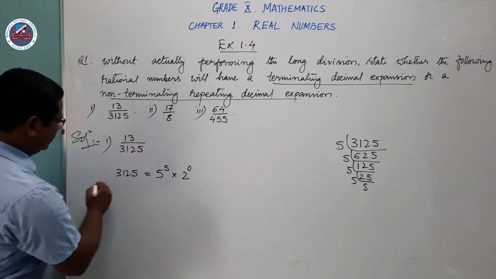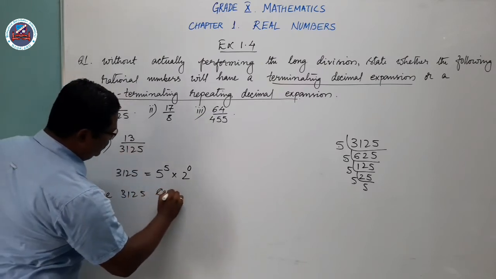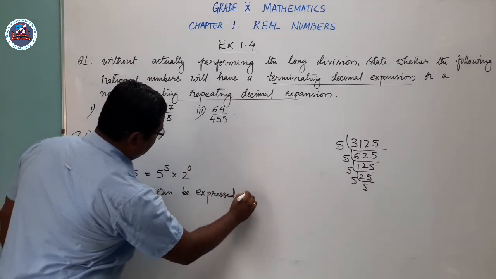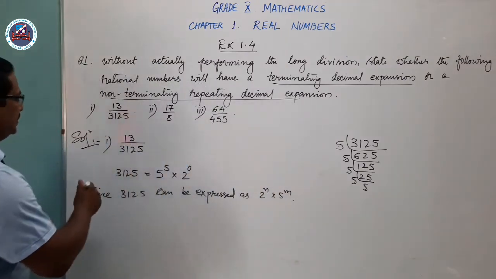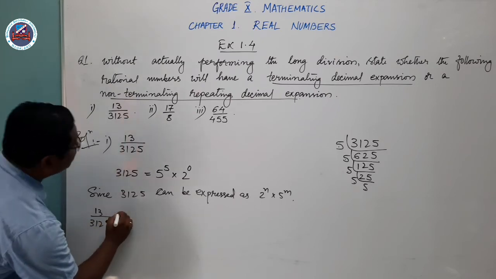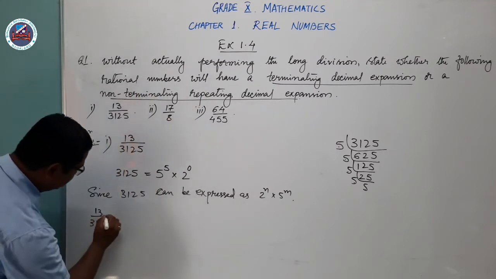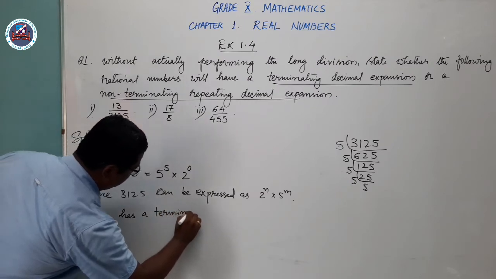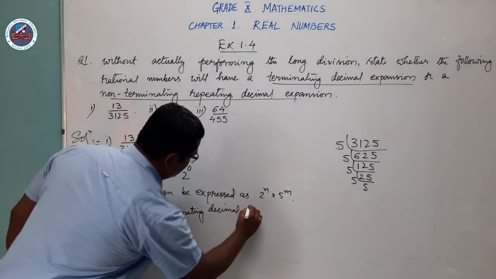Since 3125 can be expressed as 2 to the power n into 5 to the power m, 13 divided by 3125 has a terminating decimal expansion.